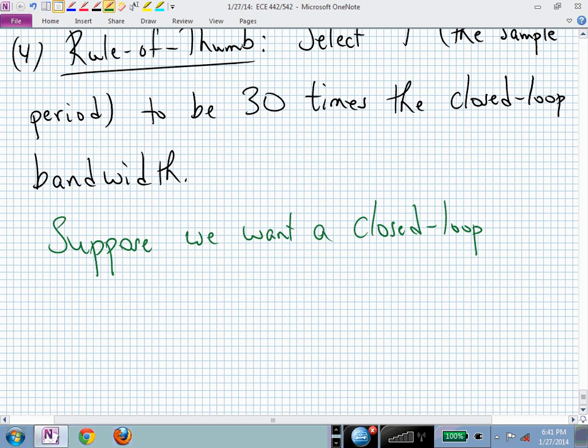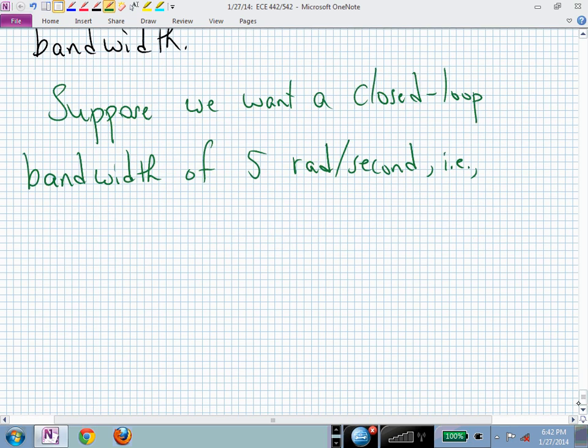Suppose we want a closed loop bandwidth, and you'll get better at determining what that needs to be, but for now let's just say that it's 5 radians per second, i.e. that's what we were calling omega sub c.